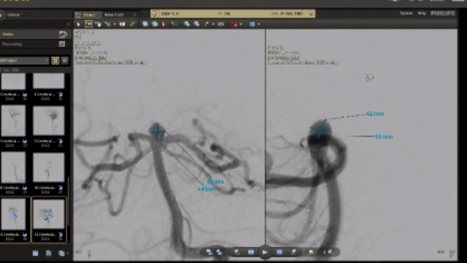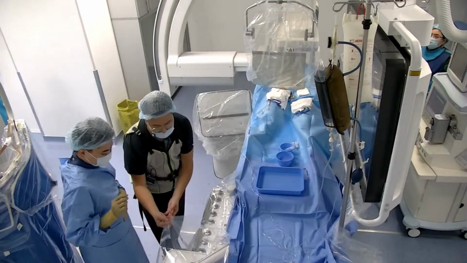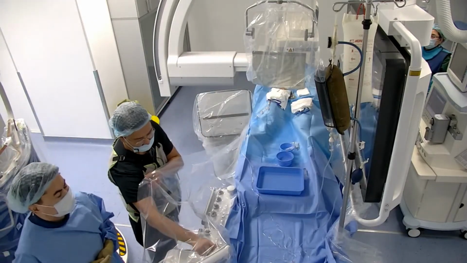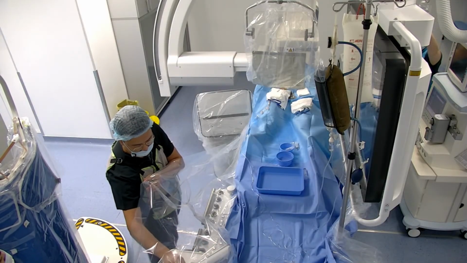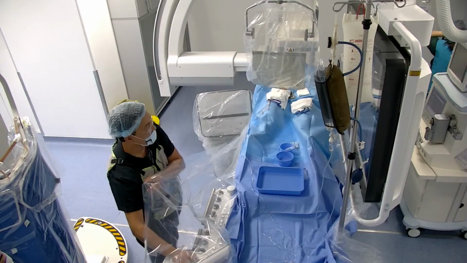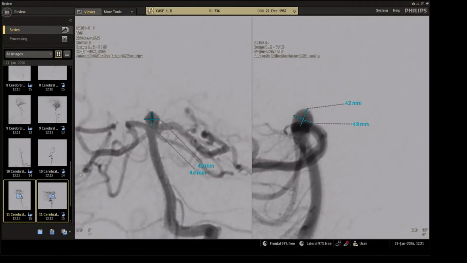I have a dilemma on this case. The patient has an early temporal branch MCA aneurysm.